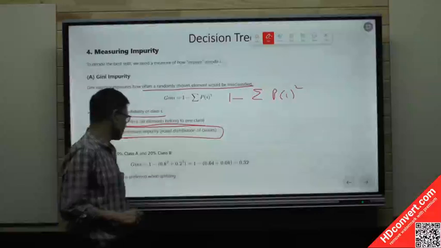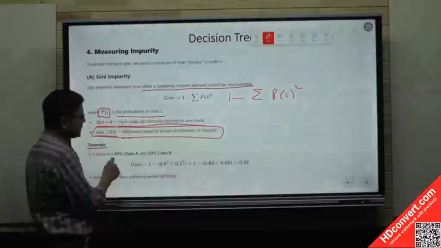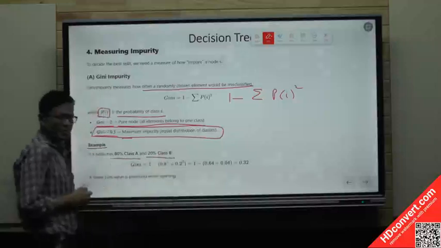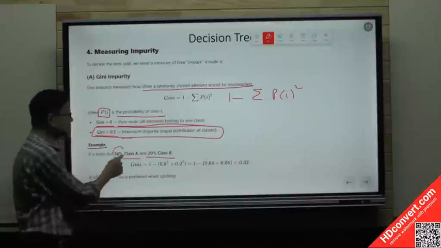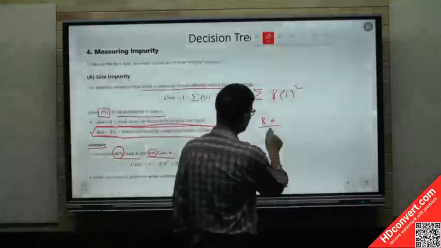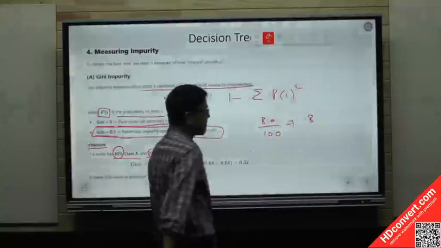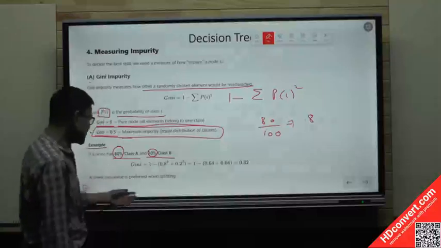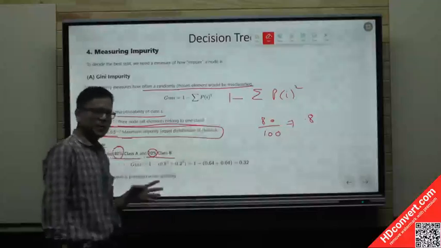For example, if a node has 80% class A and 20% class B, how do you calculate the Gini index? We already have the percentages over here. We can simply convert the percentage into a ratio, and this can be treated as probability.